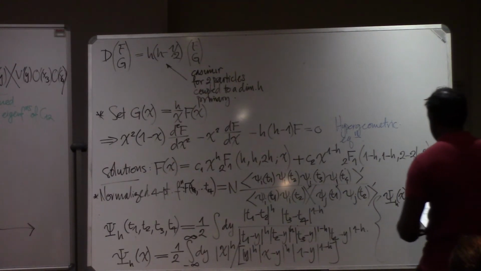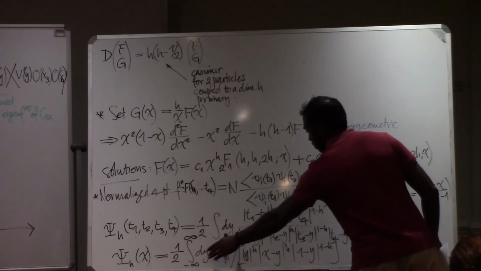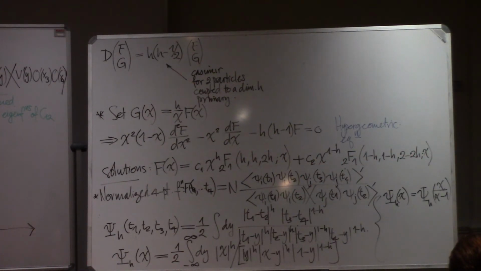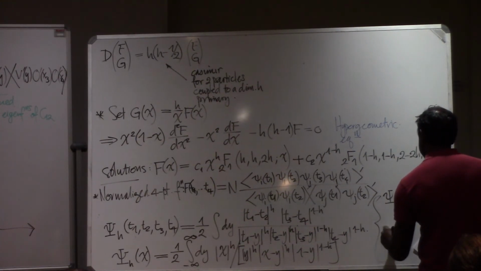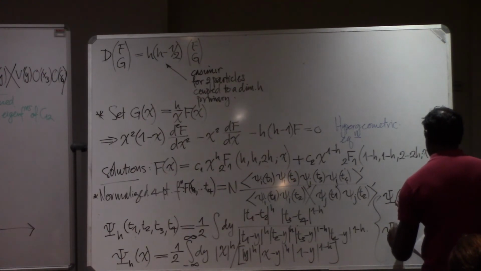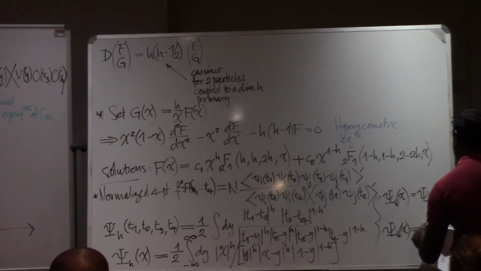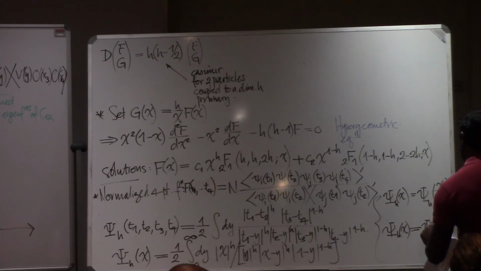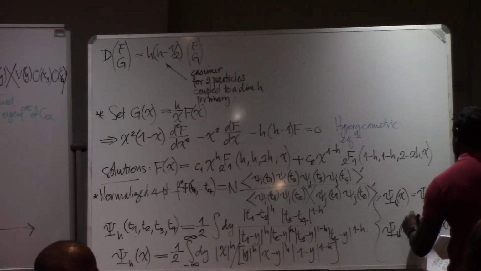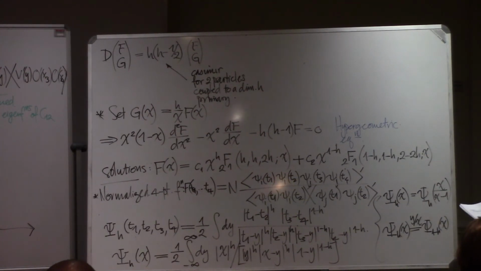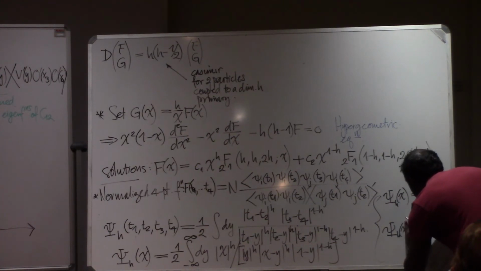You also find that if you exchange y with chi over y, then psi_h of chi is the same as psi_(1−h) of chi. You can show this by sending y to chi over y.